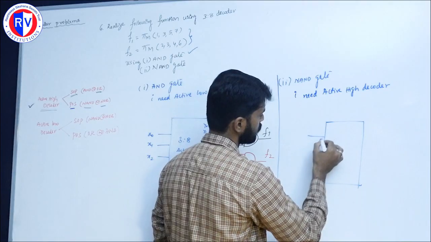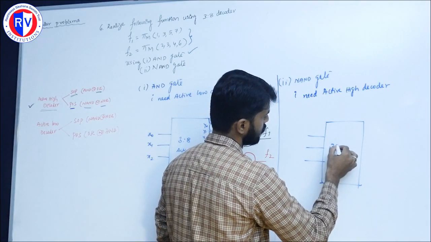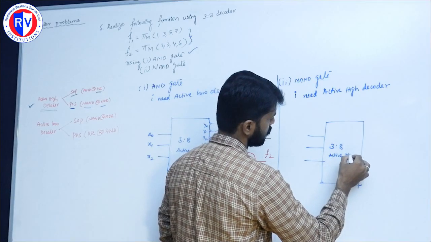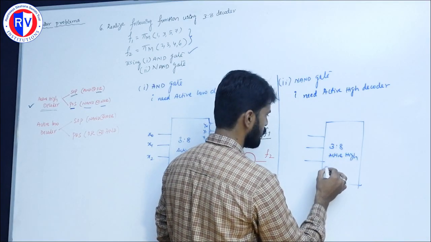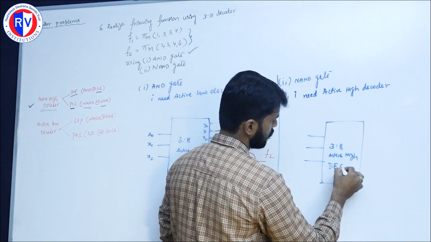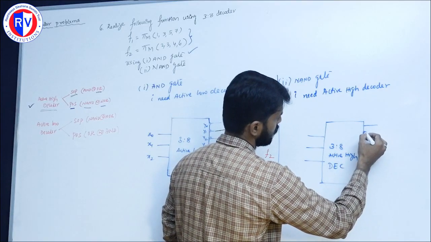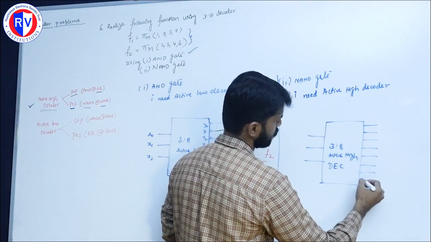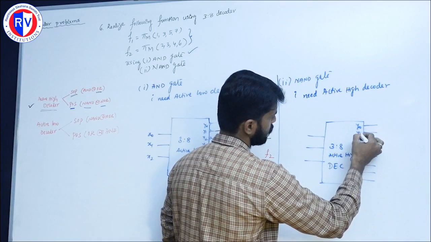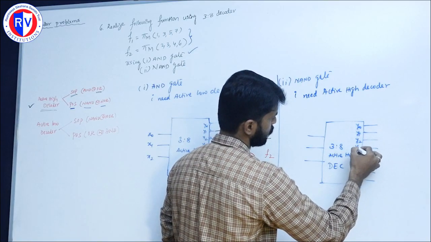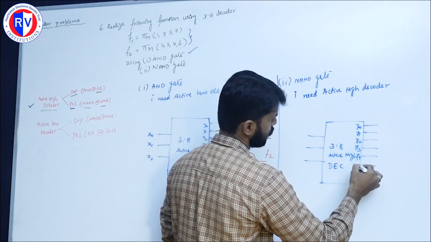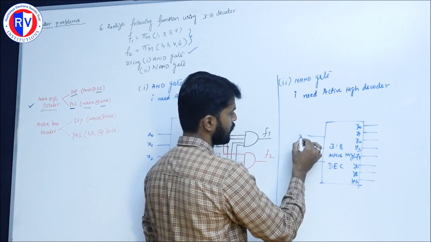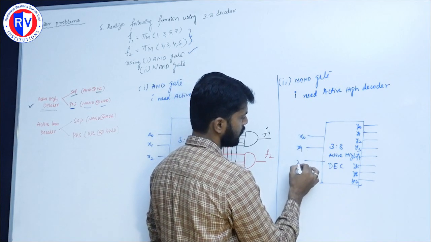In this case, again I will take a 3:8 active high decoder, and it has 8 outputs, Y0, Y1, Y2, Y3, Y4, Y5, Y6 and Y7, with inputs X0, X1 and X2.